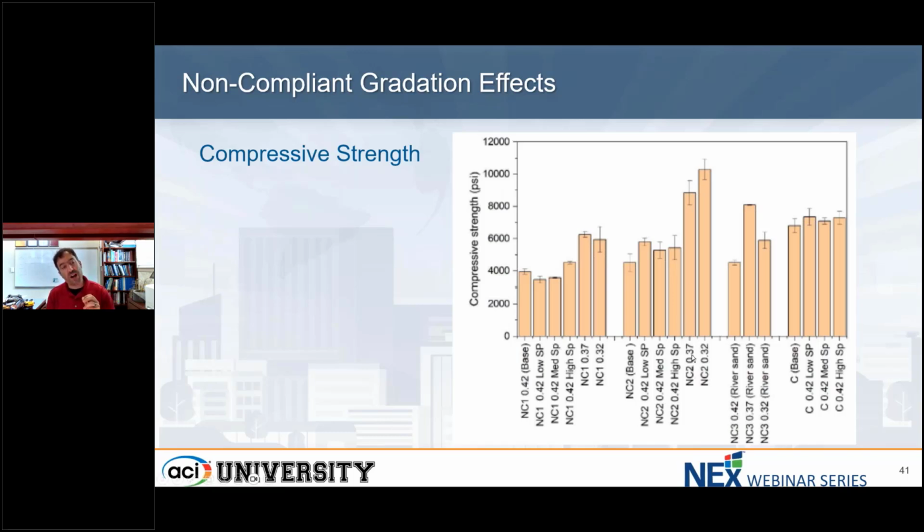What if we drop the water cement ratio a little while maintaining workability and flowability of the mix using the appropriate amount of plasticizing agent? And we see with the fine aggregates, we're getting there still, but when we have a gradation that's too coarse, we can easily overcome the strength reduction.